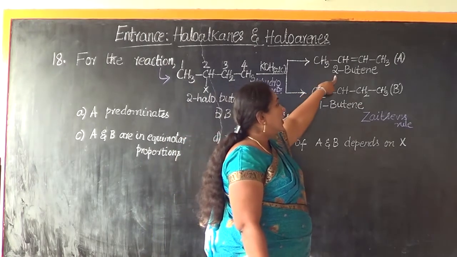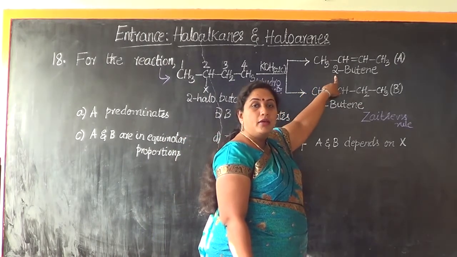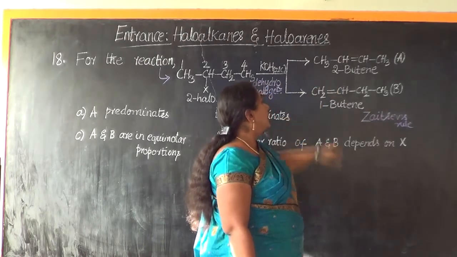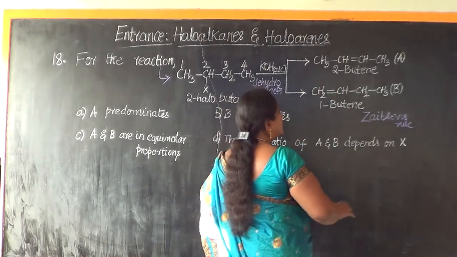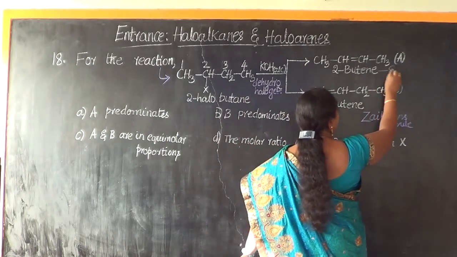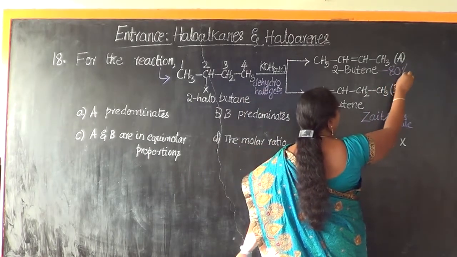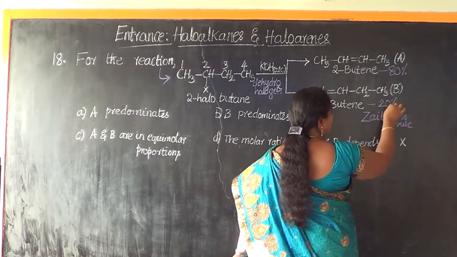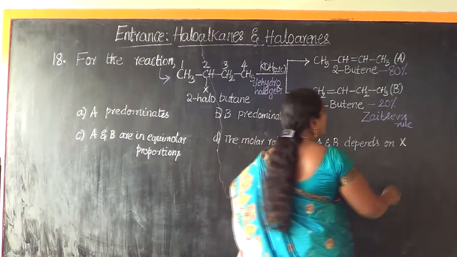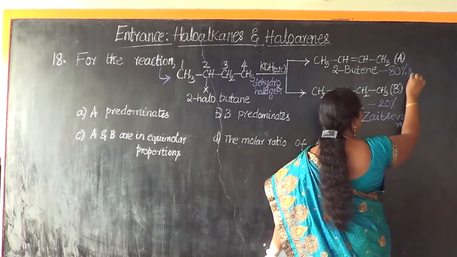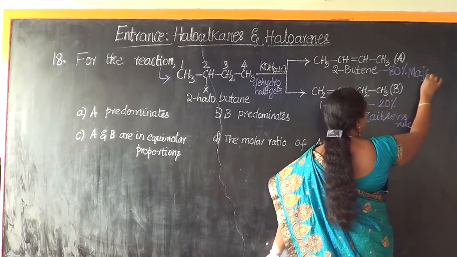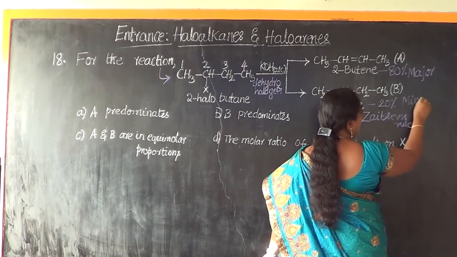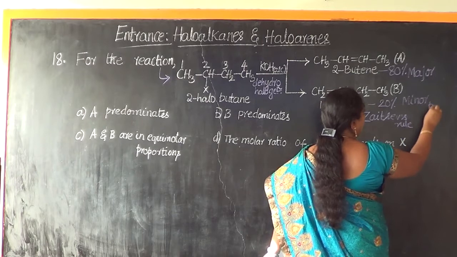That means this is the highly substituted product, which will form a balanced structure. So we see that 2-butene is always obtained in larger percentage, that is about 80%, and 1-butene is also obtained but to the tune of only 20%. Therefore, the 80% product obtained is called the major product, and that which is obtained in smaller quantities is called the minor product.